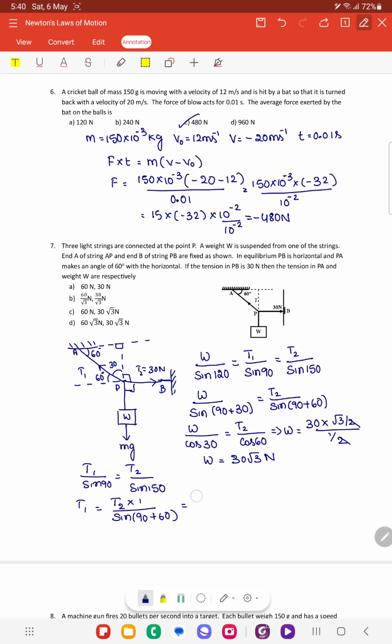T2 value is given, which is 30 into 1, that is 30, divided by cos 60. Sin 90 minus theta is cos theta, that is cos 60. Cos 60 value is 1 by 2, so it is divided by 1 by 2. 30 into 2 is 60, so T1 value is 60 Newton. Weight is 30 root 3 Newton and T1 is 60 Newton. So option C is the right answer.